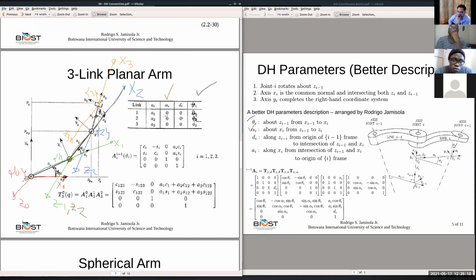We make our x1 extend to here, and we also say that your z1 is here, just for easy reference. Now, can you put your thumb in the direction of x1, and your 4 fingers in the direction of z0? Can you do that?